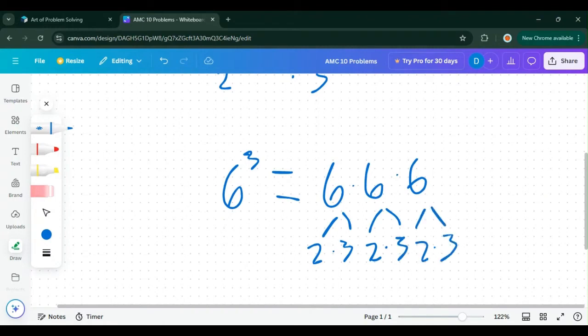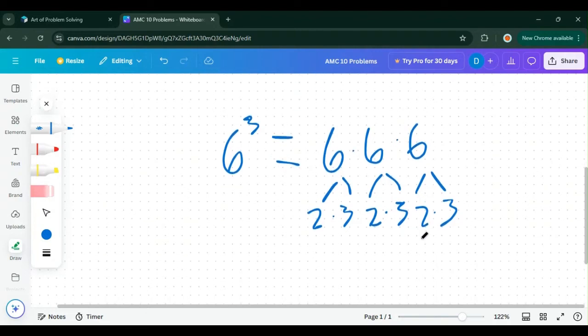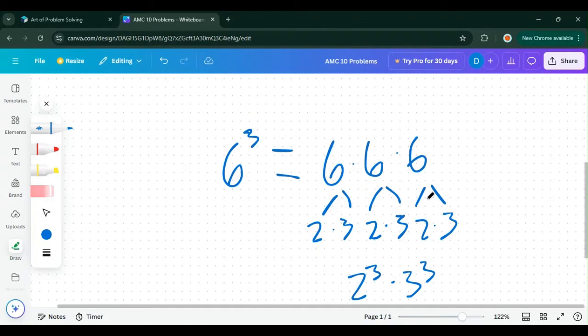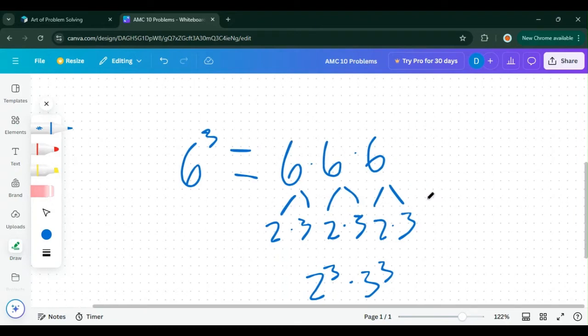So each prime of the prime factorization of a number gets the exponent as well. We have 2 to the power of 3 times 3 to the power of 3. That's kind of a visual way to see it. I'm more of a visual learner, so it's easier for me.